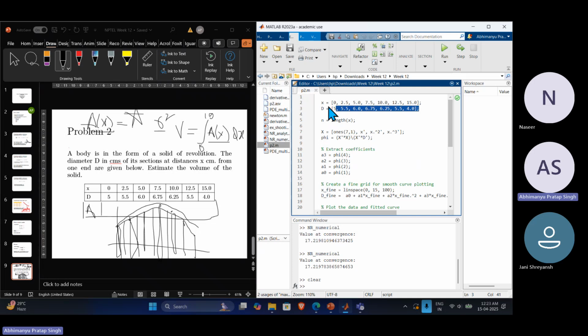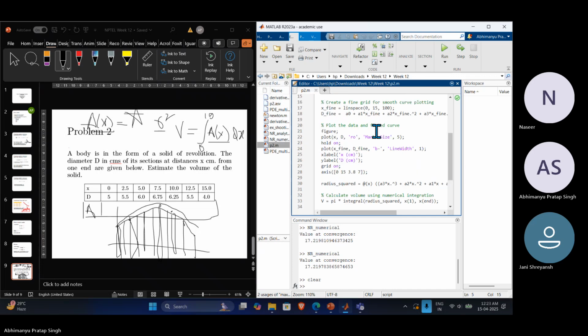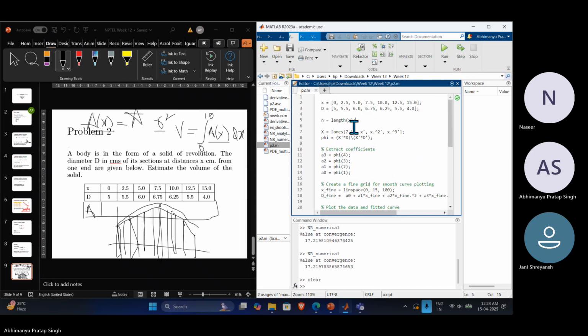Fine. So this is our data set. N is just the number of points in the data set. Right now I'm trying to fit a cubic polynomial to this data. So I have created this matrix. Here I can write N. The first one is just a column vector of ones.